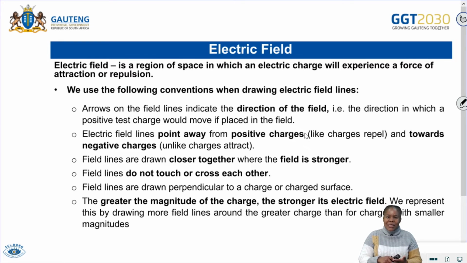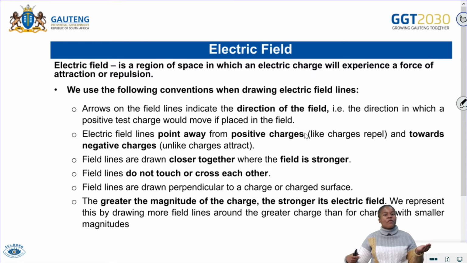They indicate the direction. Okay, now electric field lines point away from the positive charges and towards the negative charges. That means that if you have a positive charge that is interacting with a negative charge, the electric field lines are always pointing away from the positive charge and towards the negative charge.